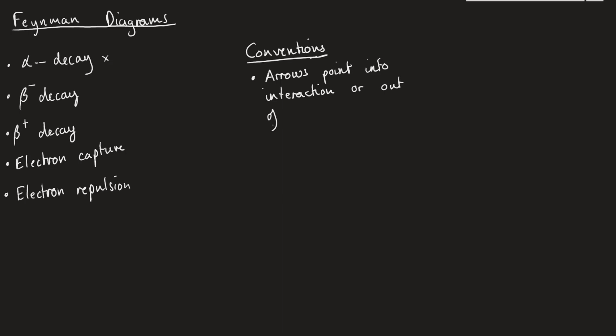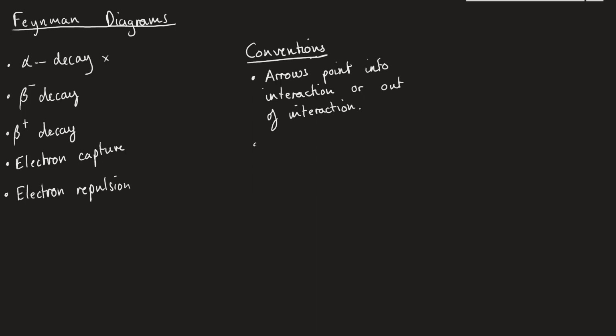So obviously the things that are decaying, for example the proton that's decaying, is going to have an arrow going into it, because that's what's starting off the decay, and then all of the products that are formed will come out of it, going out of the decay. So that's where we'll have arrows coming in and out of this.